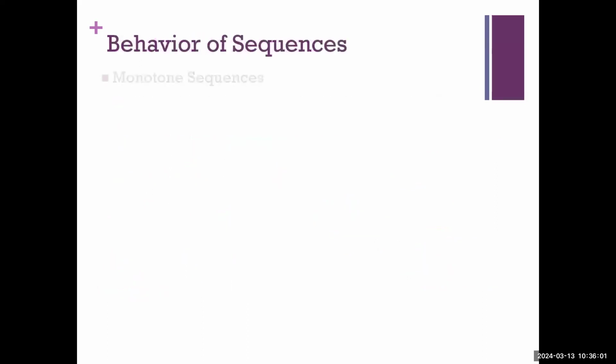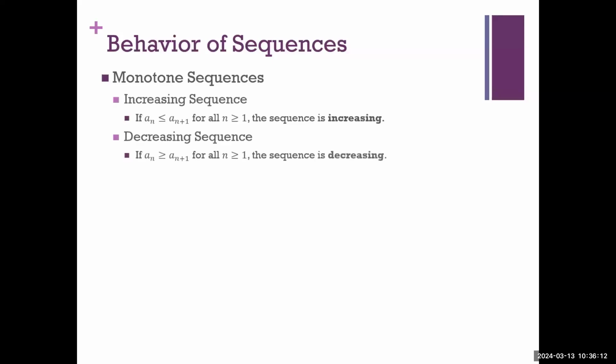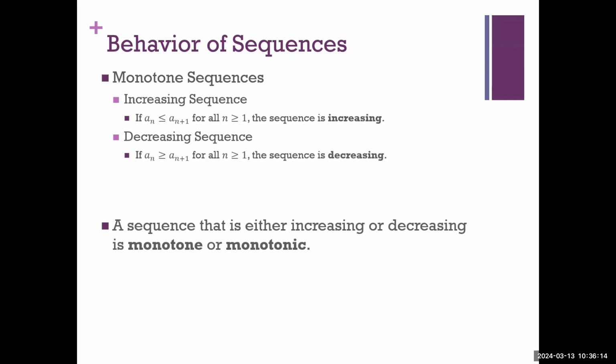All right. Another vocabulary term I want to throw at you is monotone sequences. What does it mean for a sequence to be monotone? Basically, it's one of these two options: a sequence that's increasing or decreasing.